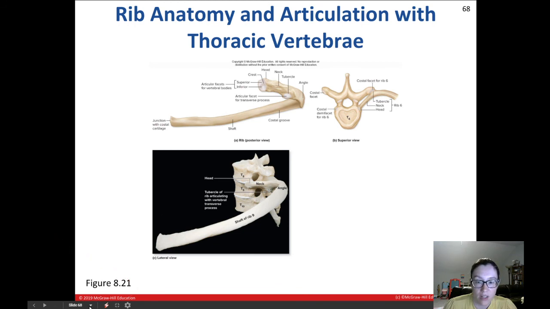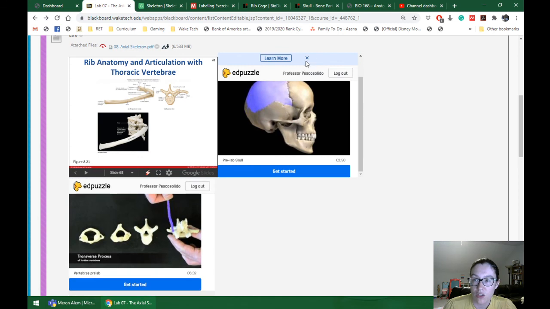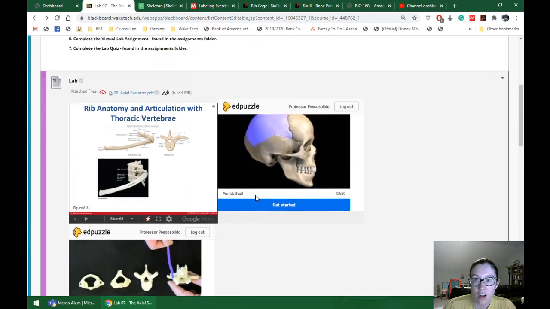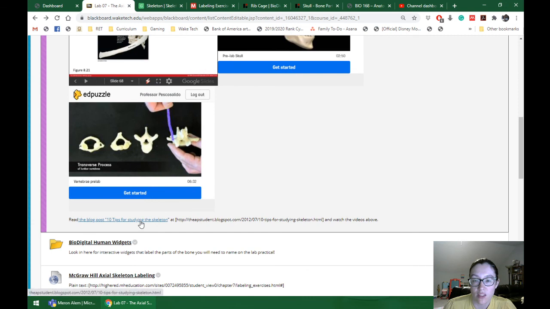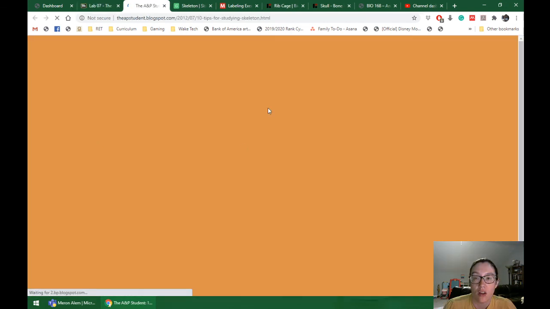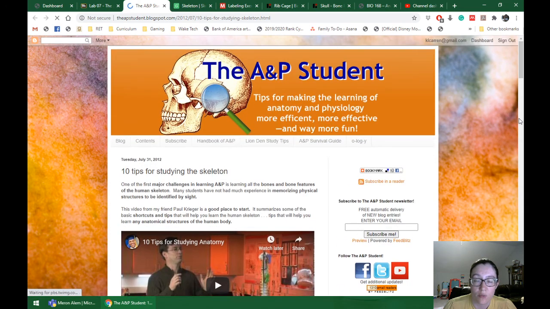Let's see, was there anything else? Oh, there was one other thing I wanted to mention. There are a couple of different tips for studying the skeleton. There's a blog called the AP Student, by an anatomy and physiology professor who's been teaching for a really long time, and he's got lots of good tips for studying the skeleton.